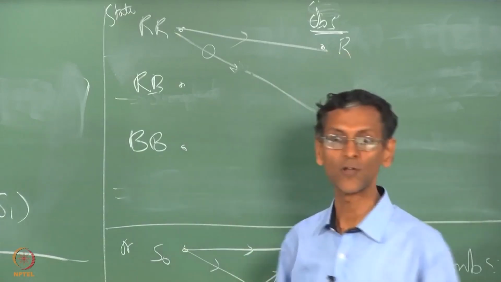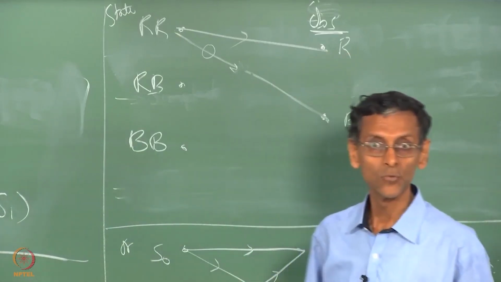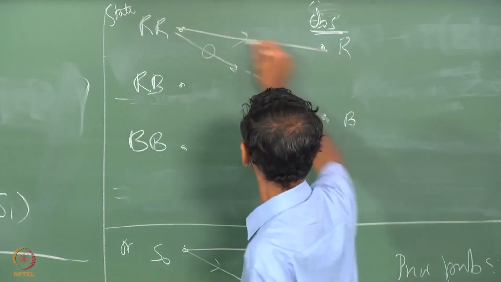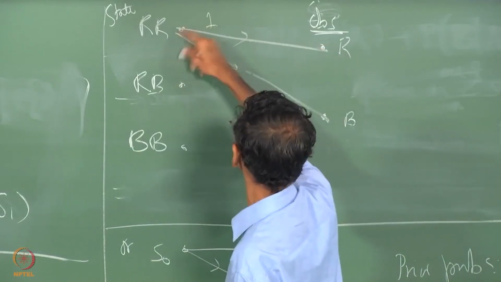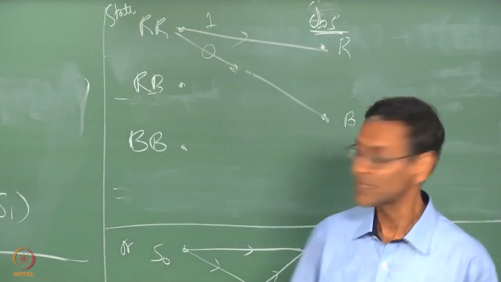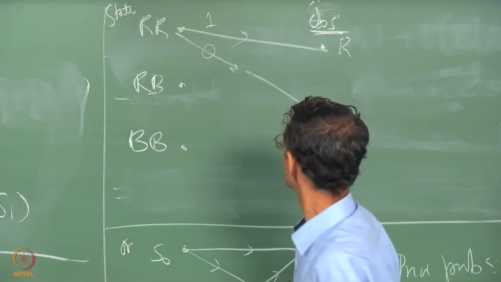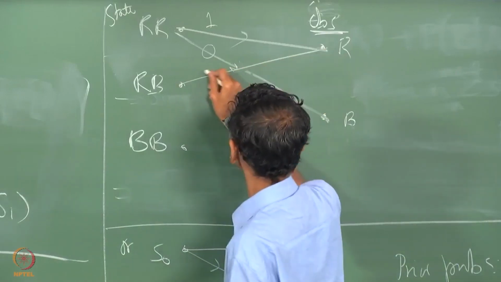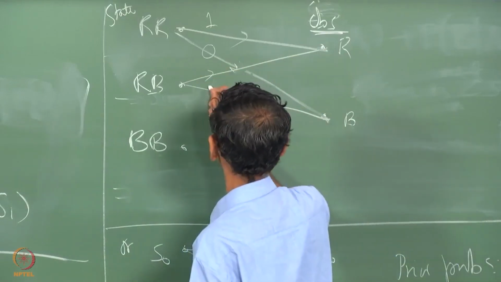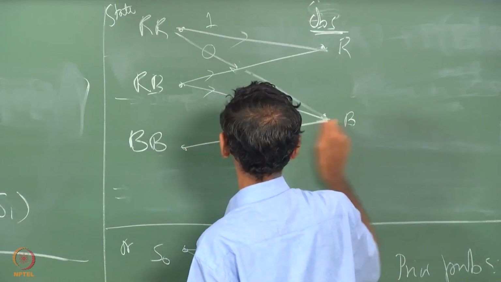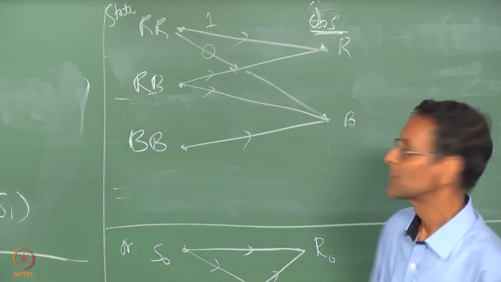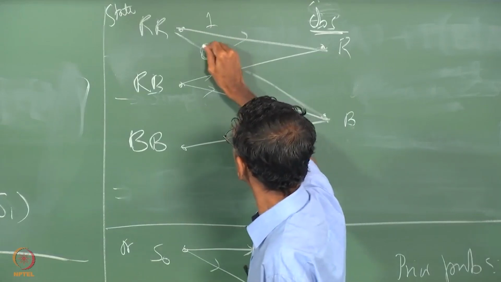All the probability will be concentrated in that branch. Given that you picked RR, you can only get R. RB, however, tells you that you can go both to R as well as B, and BB you can only go to B. So let me write this 0 and then this is 0 here.